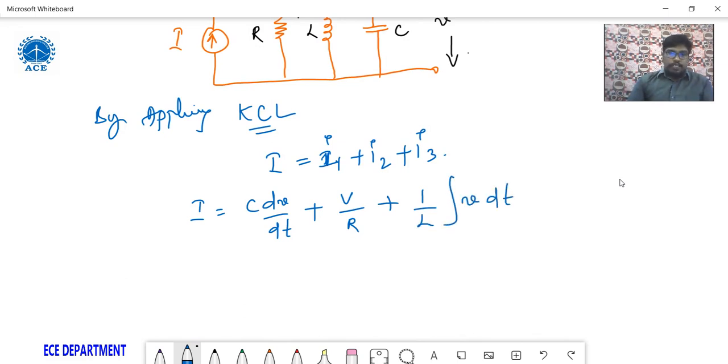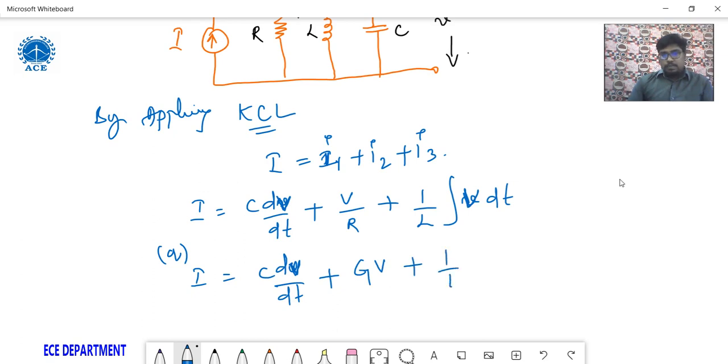If I rewrite this, I is equal to C dV by dt plus 1 by R, which I am writing as conductance G, V, plus 1 by L integration V dt. Consider this as equation 2.